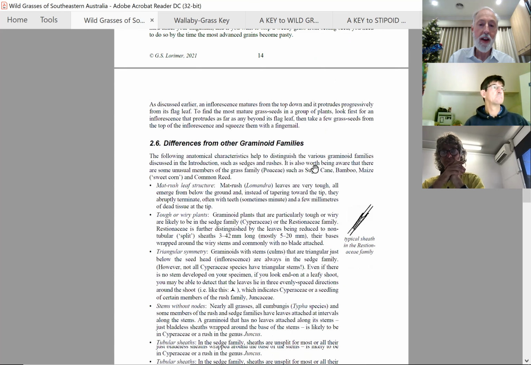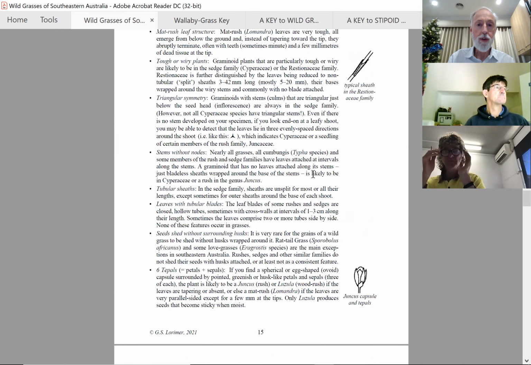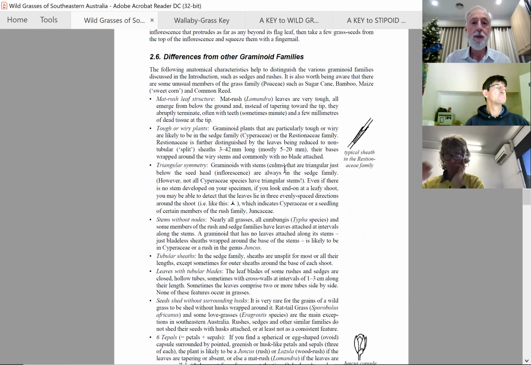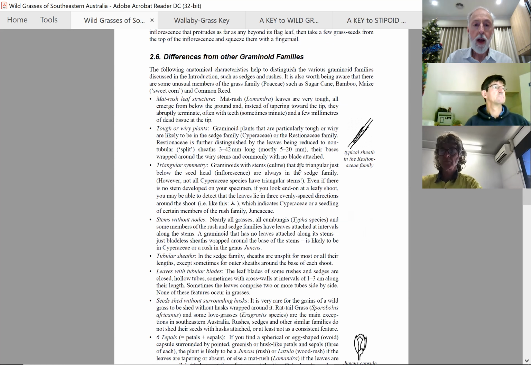No, it's further down. Okay, I'm going to rely on you reading section 2.6, which is about the differences that you find between grasses and the similar looking families such as the rushes and sedges and so on. I introduced you to Matt Rushes last Thursday at Toowoomba Vale, and I will be showing you tomorrow and tomorrow week a range of species of rush and sedge.